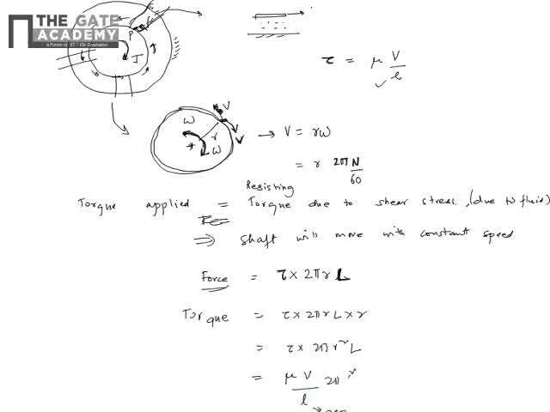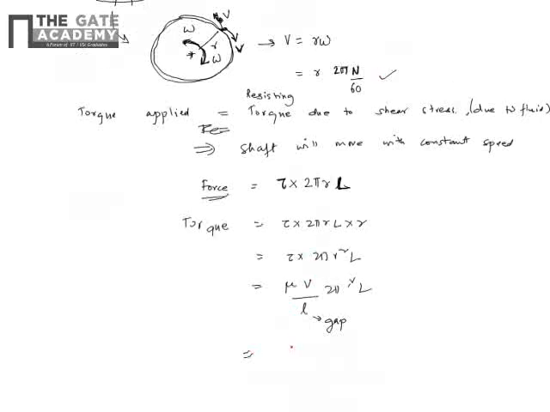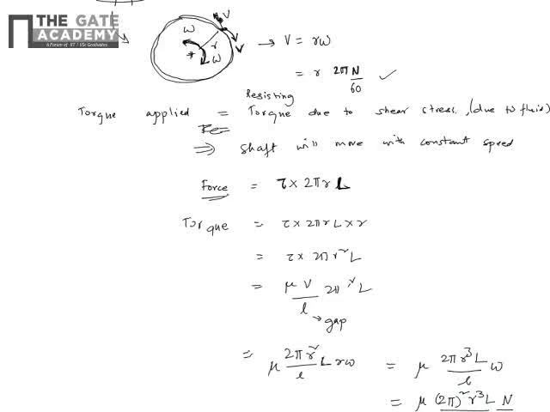So 2 pi r square L. Now if I want to convert V in terms of speed, I can write 2 pi r square L, mu, and V is again r omega, so I can write mu 2 pi r cube capital L by small l into omega, where omega is again 2 pi n by 60, so mu into 2 pi whole square r cube L by small l into n by 60. So now this is the torque applied.